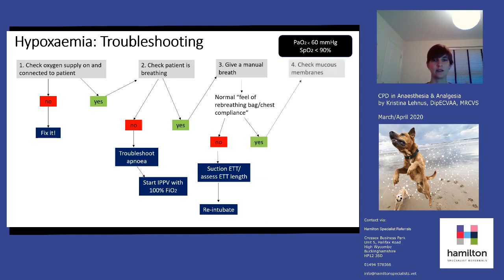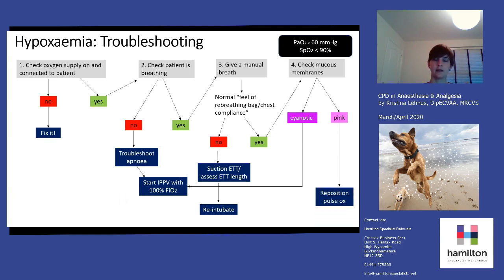If the answer is yes, then you need to check your mucous membranes, whether or not they're cyanotic or pink. If they're cyanotic, you probably need to start IPPV with 100% oxygen. But bear in mind that we can only really detect cyanosis clinically by looking at mucous membranes when our SpO2 is less than 74 or thereabouts.